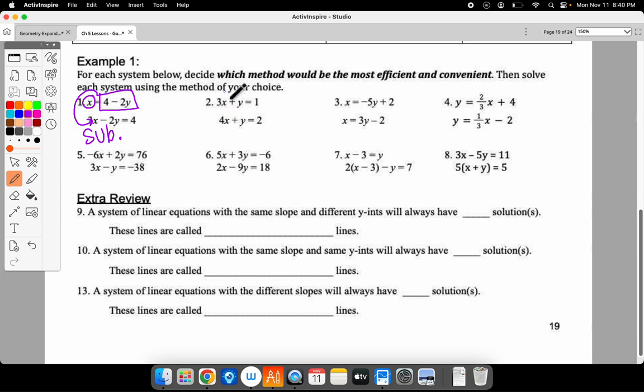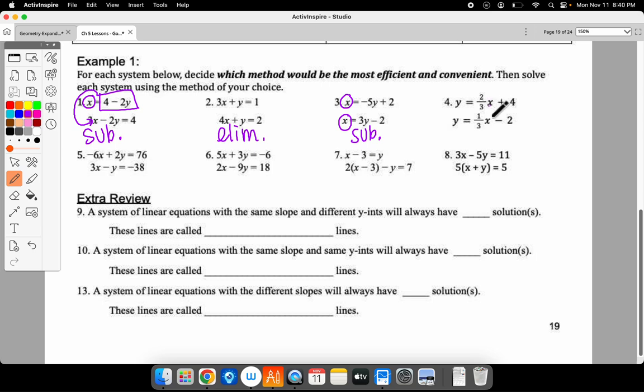If they're in standard form, elimination is your best bet. Number 3, how many are solved? Both of them. They're both x equals. But x equals cannot be graphed. So because they're already solved, we can do substitution, but we can't graph it.